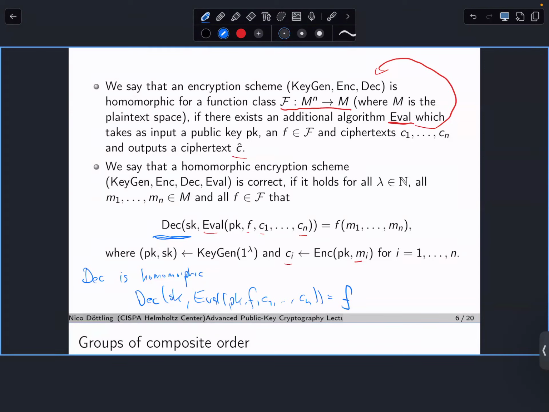We can rewrite Mi as the decryption of Ci, right? This is the same as Dec SK of C1 up to Dec SK of Cn.